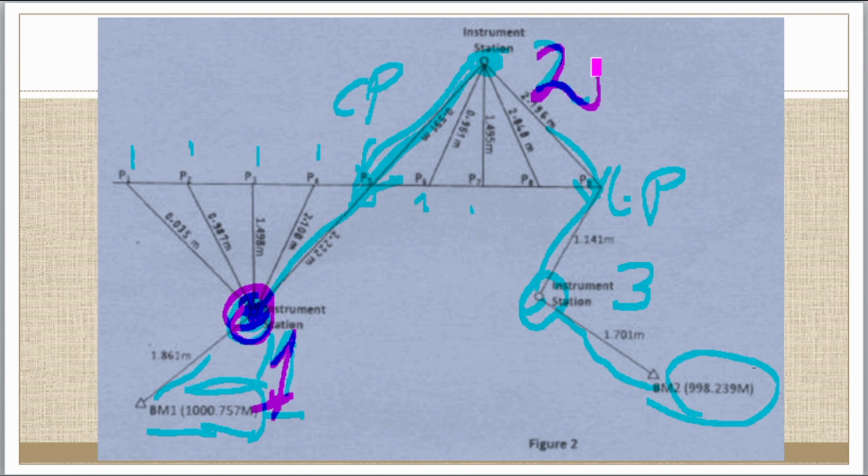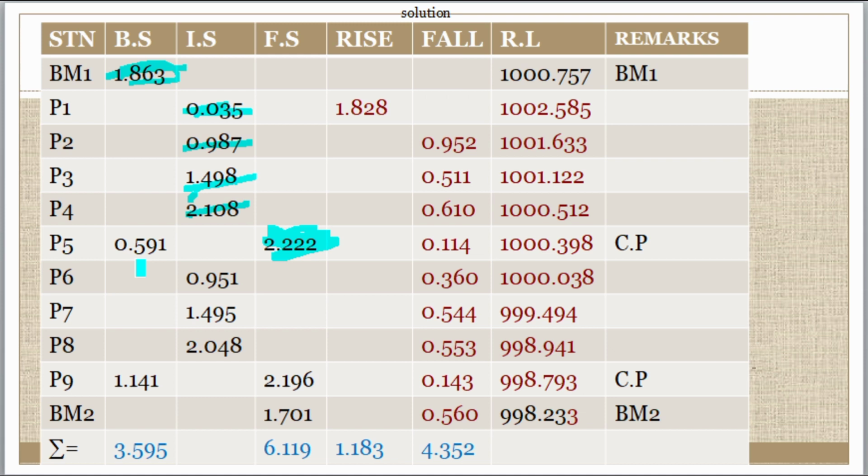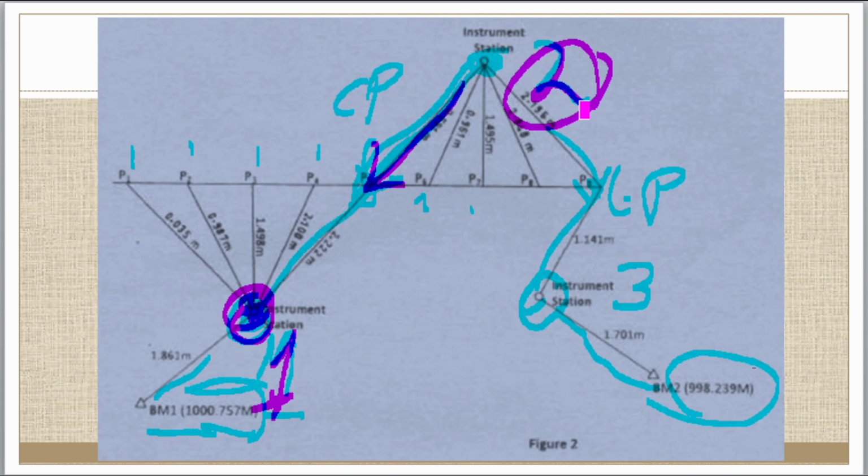Then again the instrument shifted to position 2. We had again here our backsight. So this is the value that was the backsight, 0.591. We had 3 intermediates, then we had our last foresight taken on the instrument position 2.